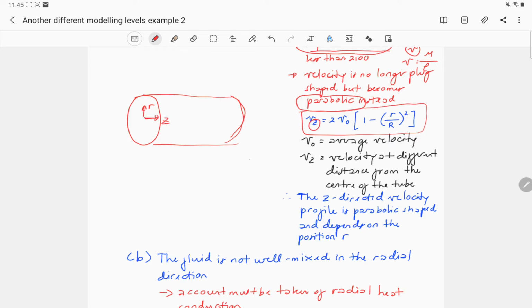We only have a flow in the z direction, that's why this comes with the vz. But the velocity in the z direction varies as a function of the radius. At the radius 0, the velocity is the largest, and at the wall the velocity in the z direction becomes 0. So these equations best describe this parabolic velocity profile.